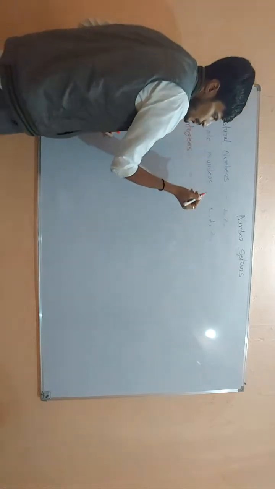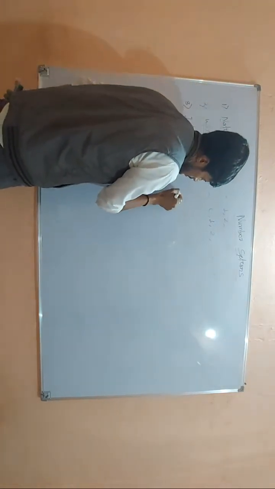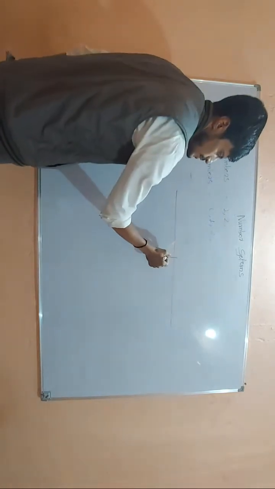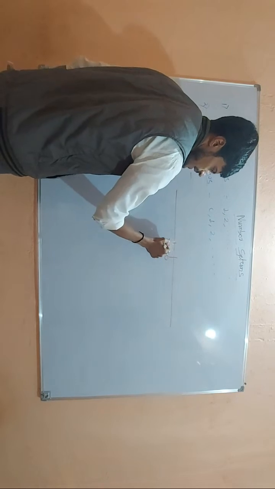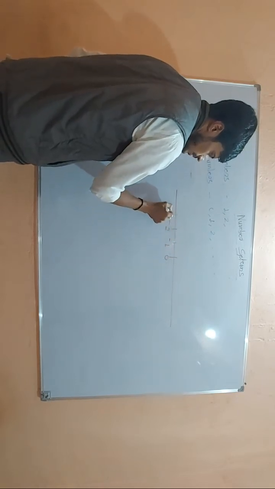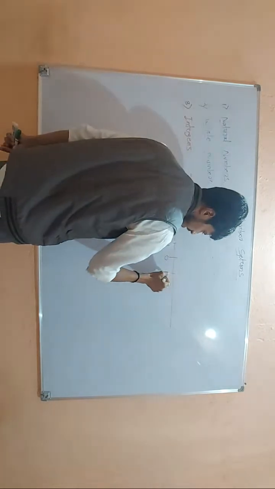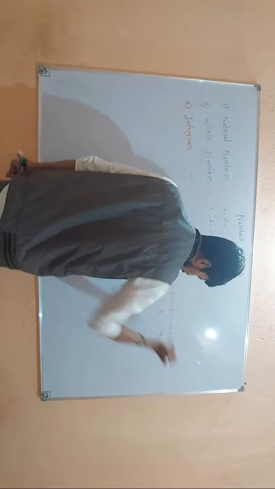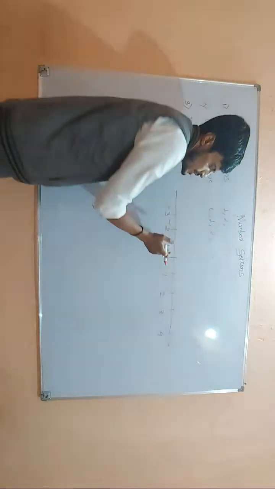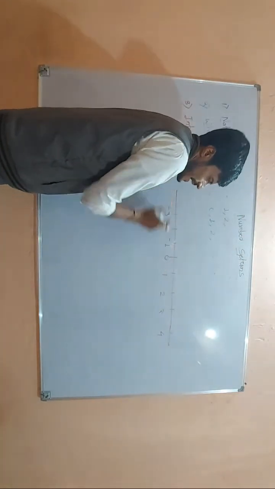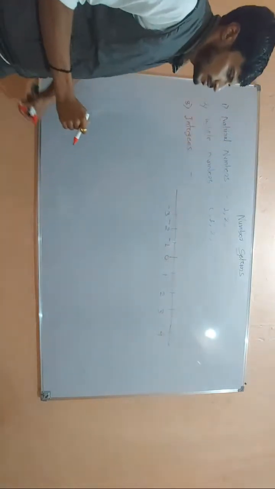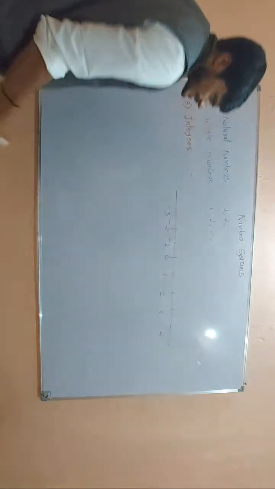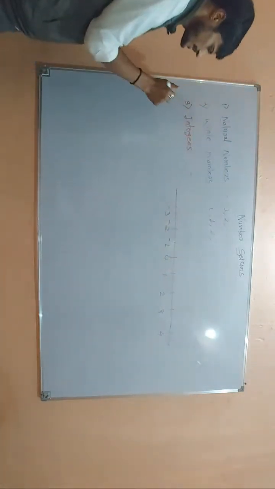Integers contain, let us consider, 0, -1, -2, -3, and so on up to infinity, and here 1, 2, 3, 4, and onwards. Starting from 0, towards the left-hand side and right-hand side of the number line, that is the negative numbers as well as positive numbers.